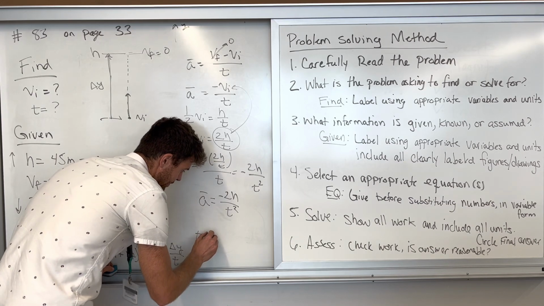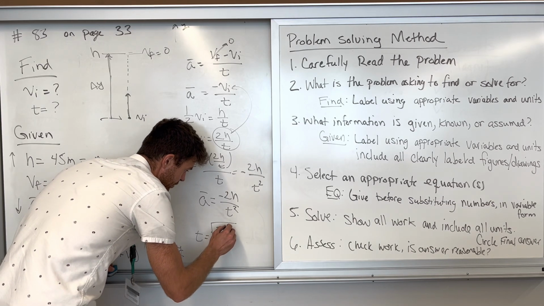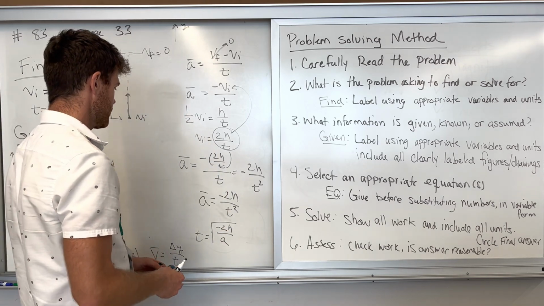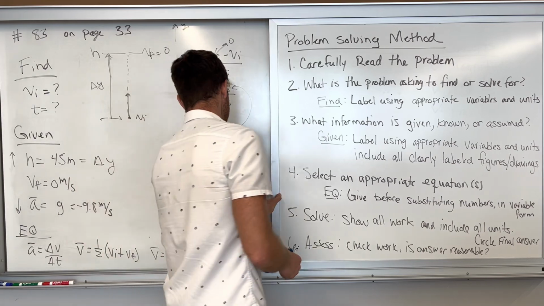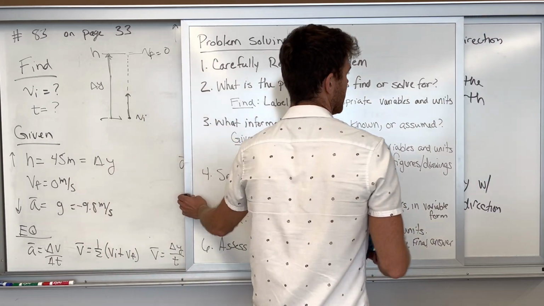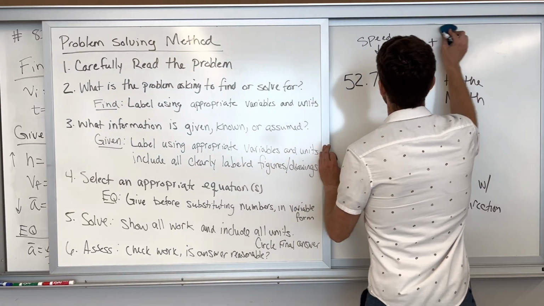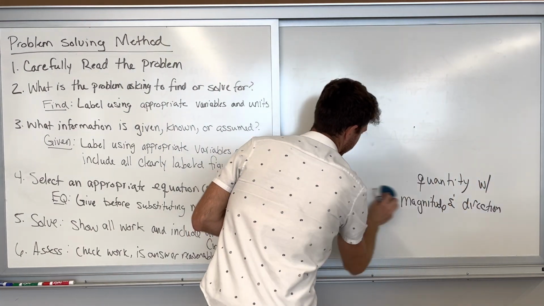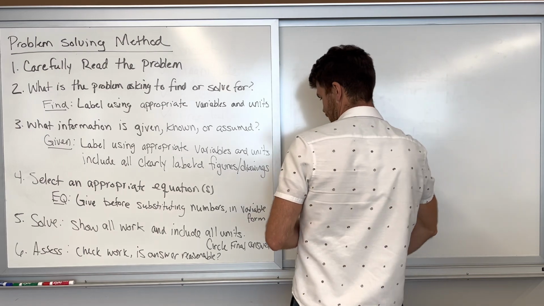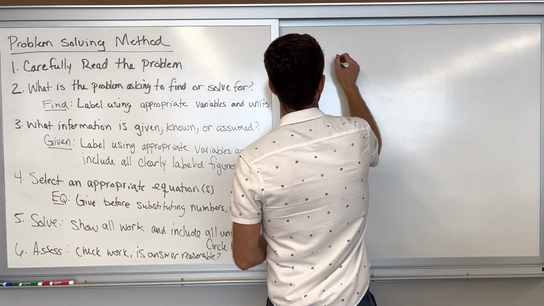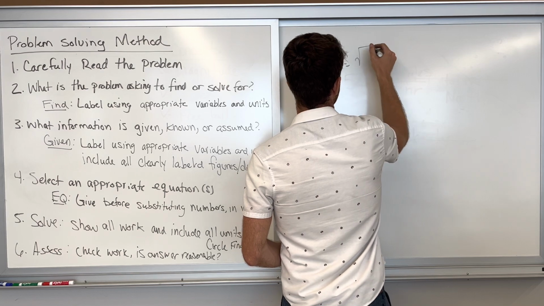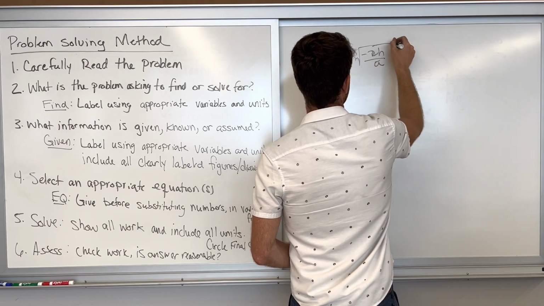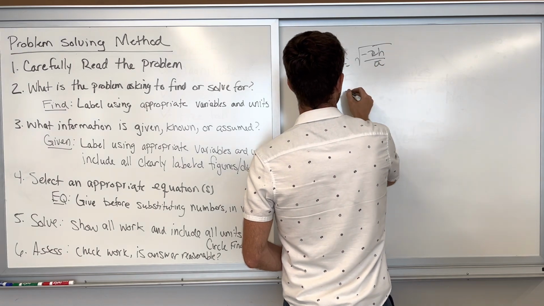You get t equals the square root of negative 2h over a, our acceleration.